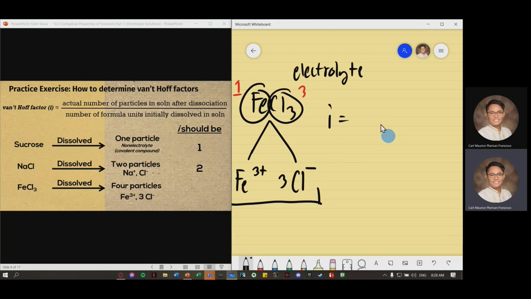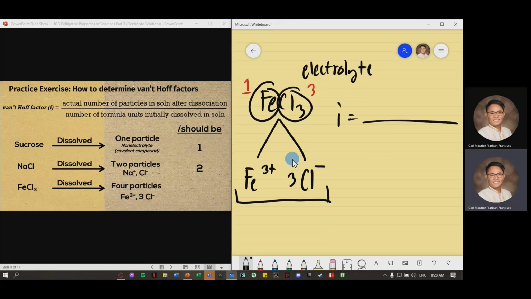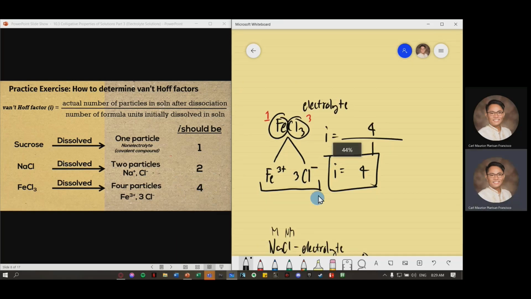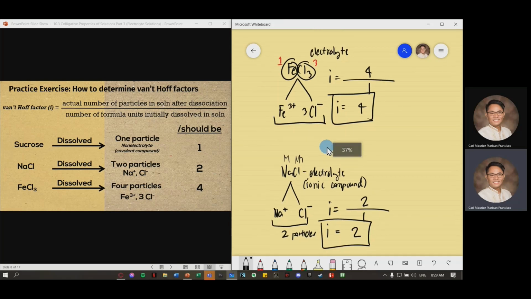I is equal to how many particles after dissociation? Meron tayong 4. And then how many is the initial formula unit? We have 1. So I is equal to 4. So the Van Hoff factor for FeCl3 is 4. Ganun lang po ang pag-compute ng Van Hoff factor.